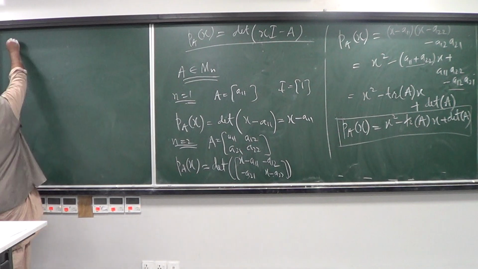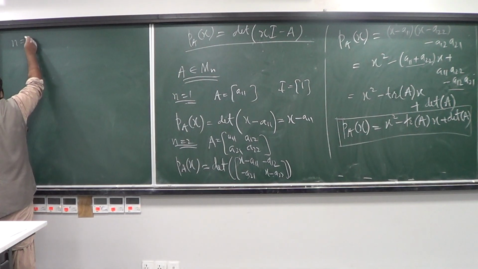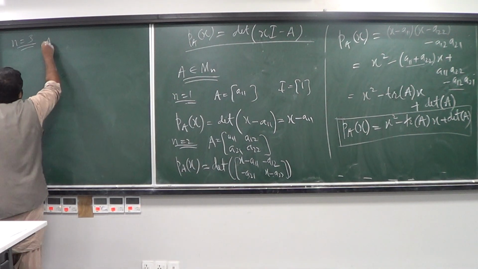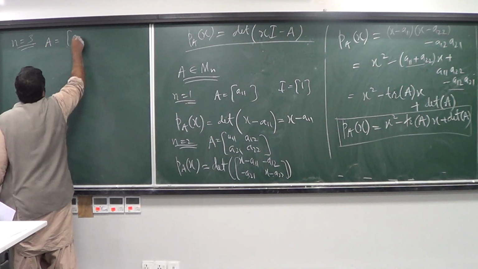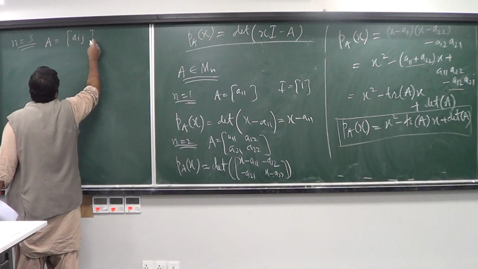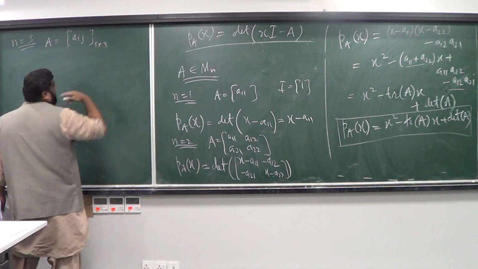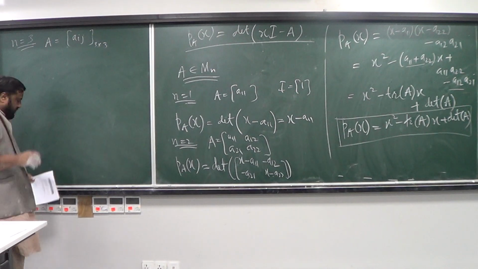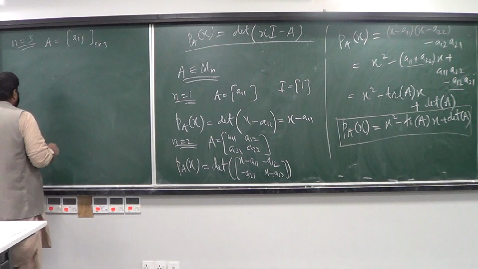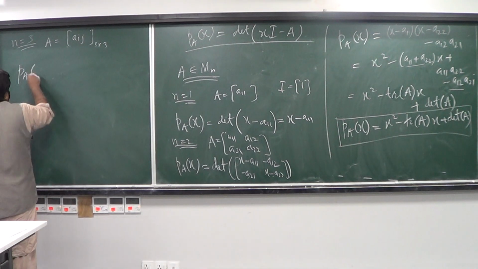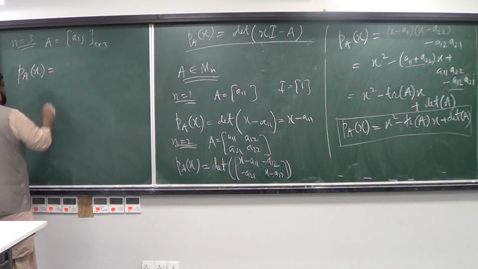Now if I take, for example, n equal to 3, then my matrix is going to be Aij, where i and j run over 3 by 3, A11, A12, A13, and so on. What would be the polynomial PA of x?